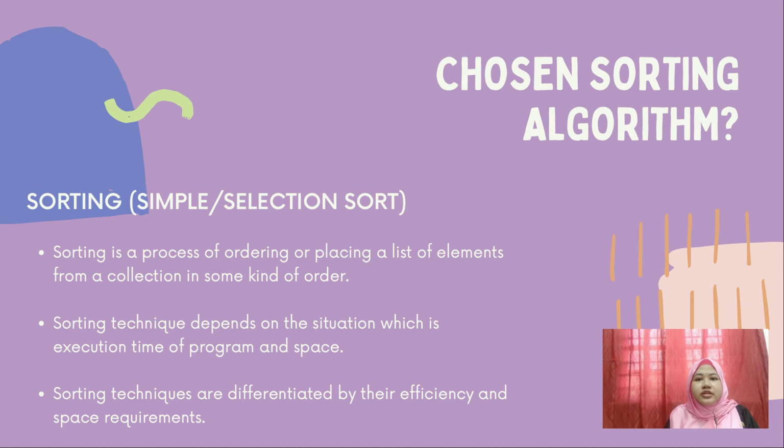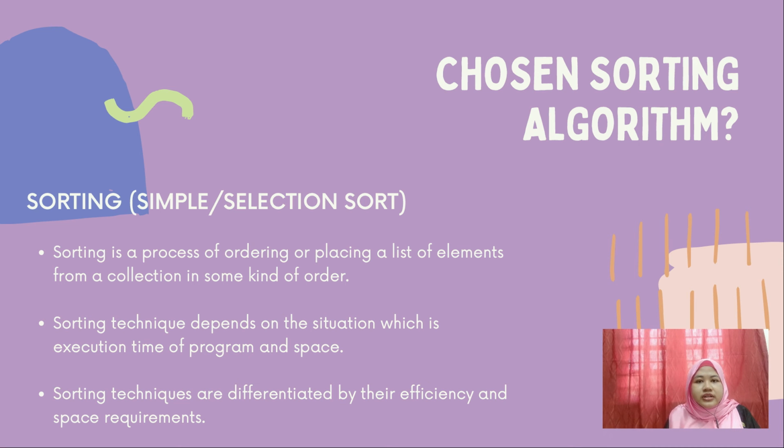Okay, for the sorting process in our project, our group members decided to use the selection sort. This selection sort is also known as simple sort. In general, sorting is a process of ordering or placing a list of elements from a collection in some kind of order. Sorting techniques depend on two different situations.